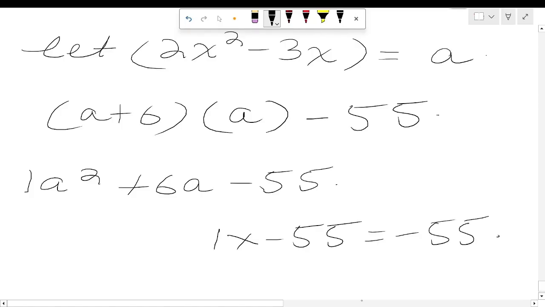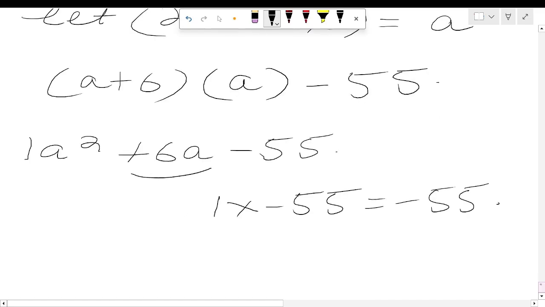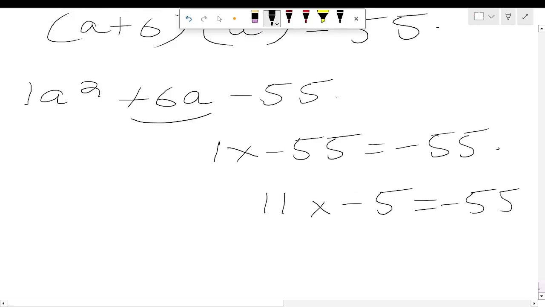So we need to find the value of negative 55 such that when we add them up or subtract them, the resultant will be positive 6. So the factors for negative 55 are 11 and negative 5. So if you multiply these values, you will get negative 55. And if you subtract them, you will get the value of positive 6. So we're going to use these two factors for this quadratic equation.